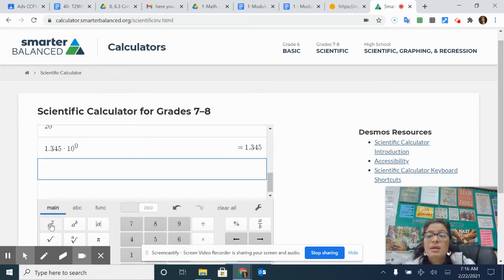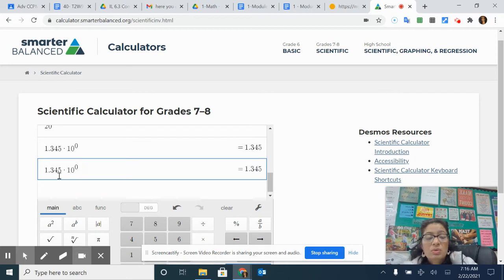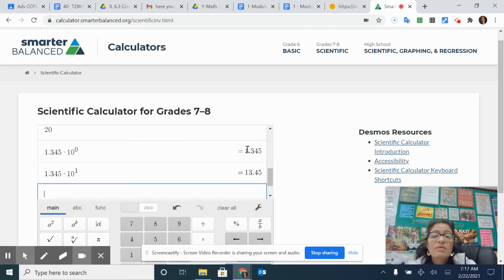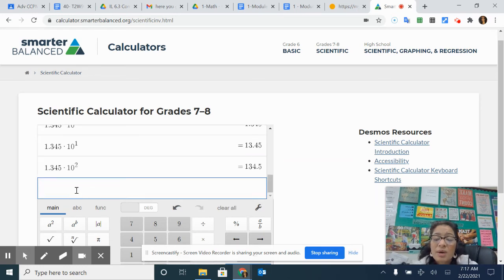Look, what happened? Nothing. Okay, now we're going to change that from 10 to the 0 power to 10 to the first power. What do you notice? Oh, look at that. It went from 1.345 to 13.45. Now what's going to happen when we have 10 to the second power? The decimal moved over to the right again. And how about if we go to the third power?